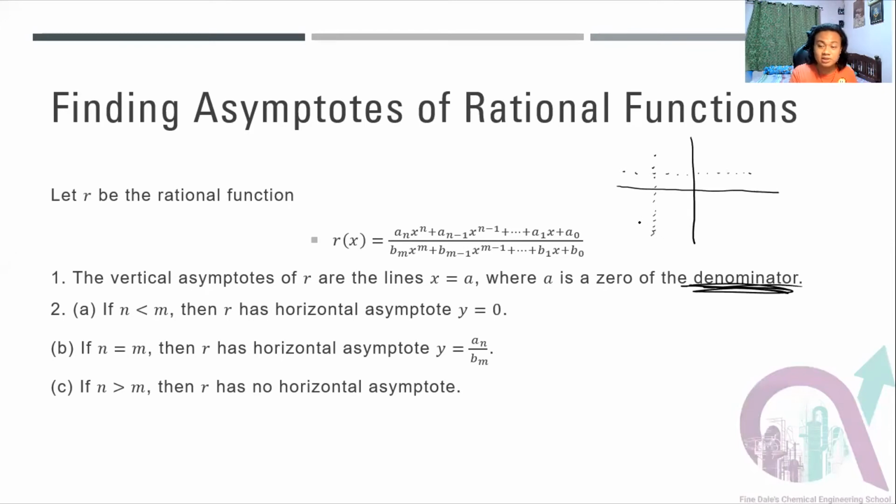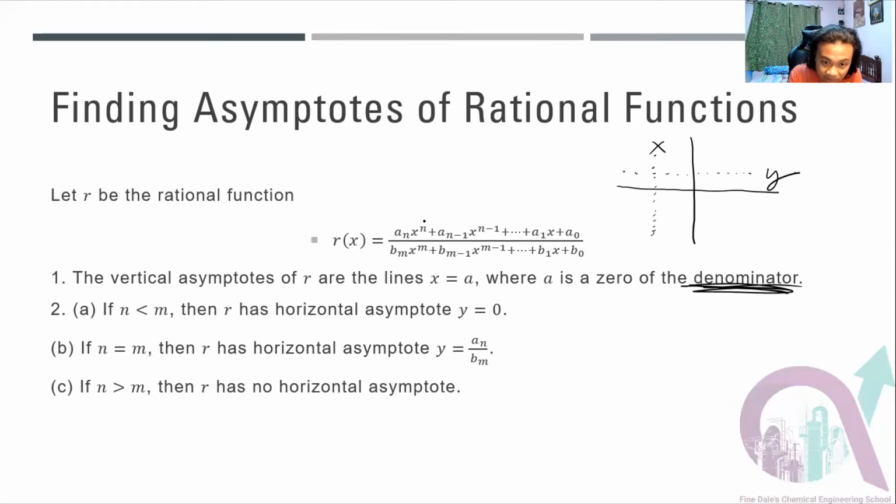So, factor. We factor it too. These are the zeros, or the roots, of the denominator. Okay? To get the horizontal asymptote, this is y, this is x, this is the vertical asymptote, and this y is the horizontal asymptote.